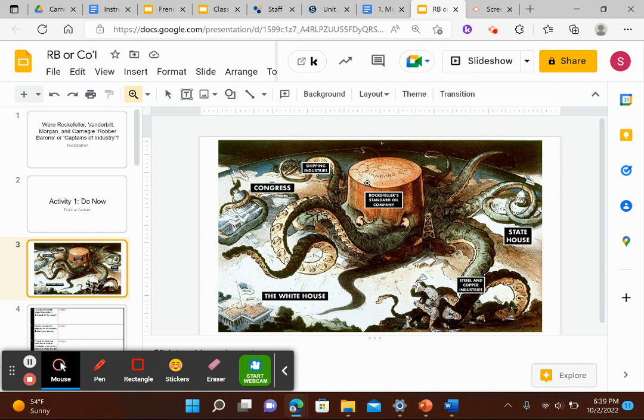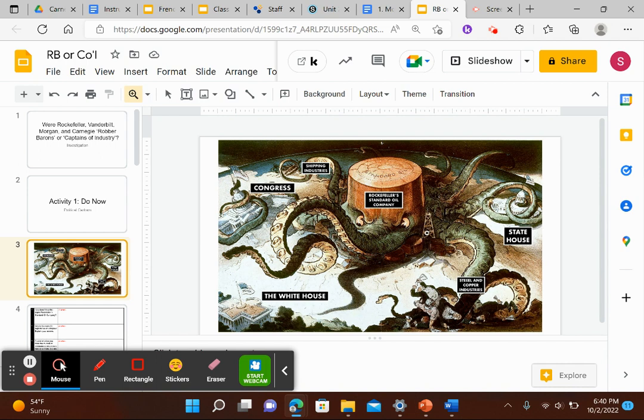So if you look here, it says Standard Oil. So Standard Oil, which is Rockefeller's company, is the body of an octopus. And as you can see, one tentacle is reaching out and grabbing the shipping industry. Another tentacle has reached out and wrapped itself around Congress. These are the lawmakers. There's one that's starting to reach out and hasn't quite grasped, but is reaching for the White House.